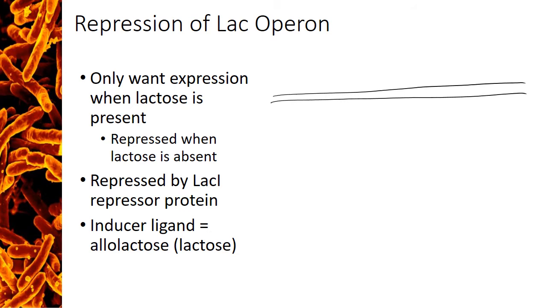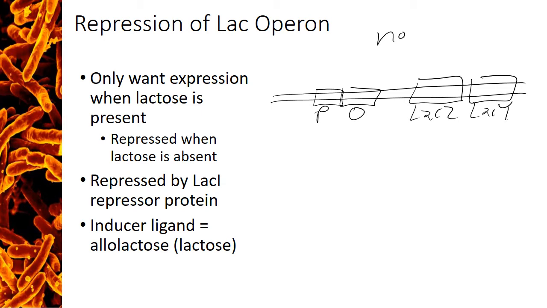Here's our DNA. We have our promoter, our operator, which is where that LAC-I repressor protein is going to bind, and then LAC-Z, LAC-Y, and remember LAC-A at the end. So this is our operon. So now in this environment, we're going to have no lactose present.